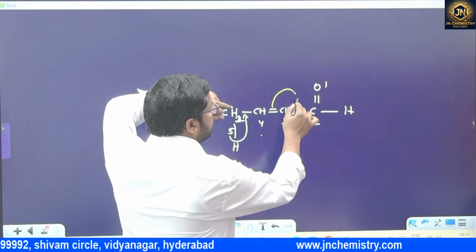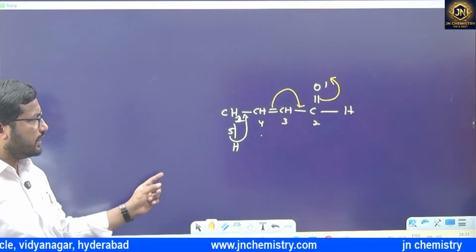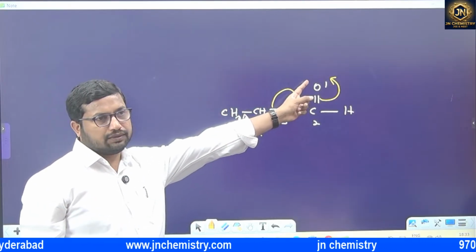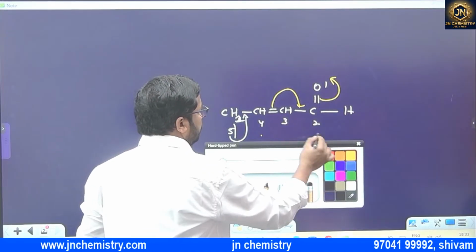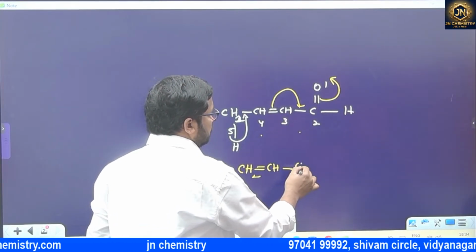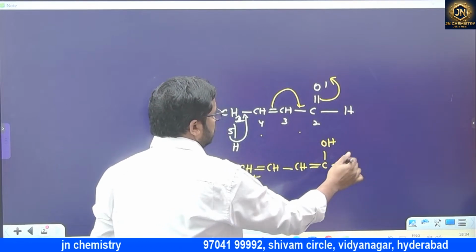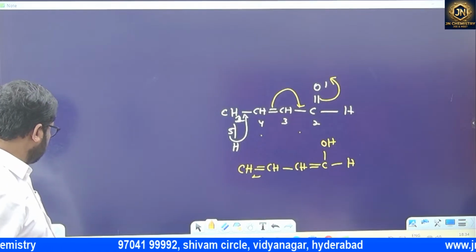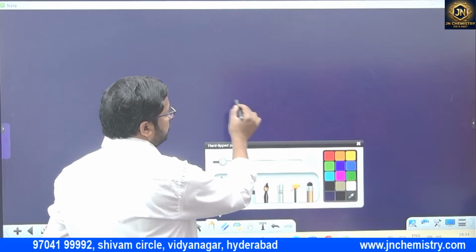We need to see its resonating structures. This proton is transferring from position 1 to the 5th position, giving CH2=CH-CH=C(OH)H, like that. We discussed this, and even 1,7 and 1,9 also.